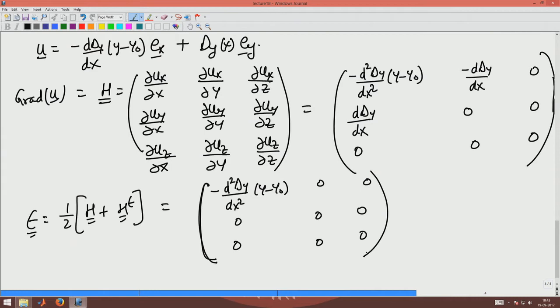Here a few comments are to be made. The first comment is you have only epsilon xx strain as minus d square delta y by dx square into (y minus y naught), and there is no shear strain or other components of the normal strain.